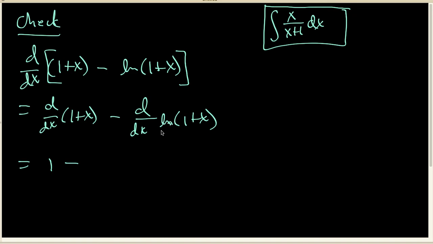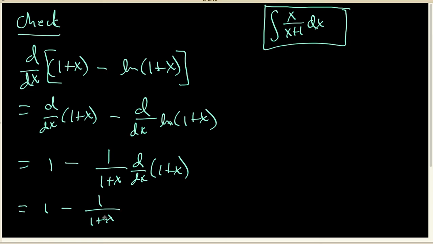The derivative of the log of junk is 1 over the junk times the derivative of the junk, but the derivative of that junk is just a 1. So we are now looking at 1 minus 1 over 1 plus x, which symbolically looks different than the integrand that we started with. The integrand, of course, is just x over x plus 1.